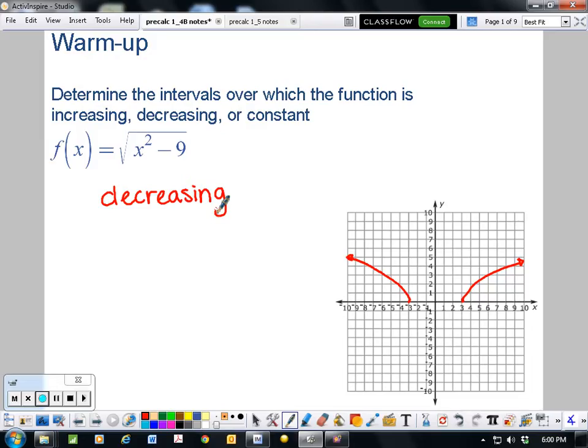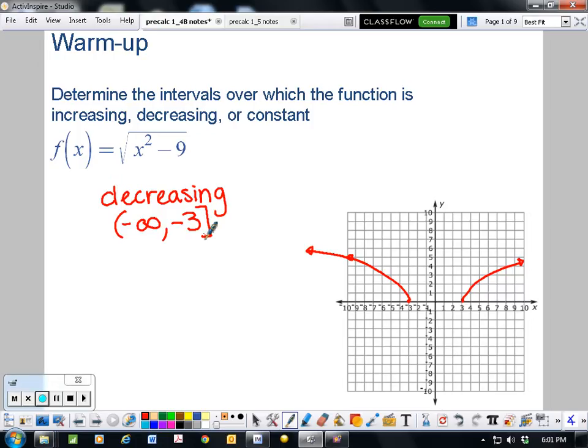Because this keeps going forever in this direction, it decreases from -infinity all the way until it stops at -3, and because it includes -3, we use that bracket.